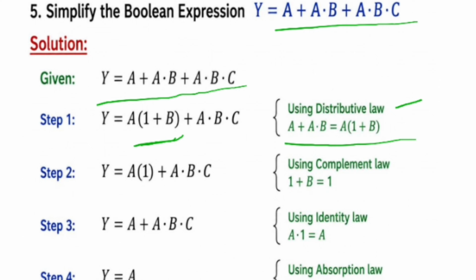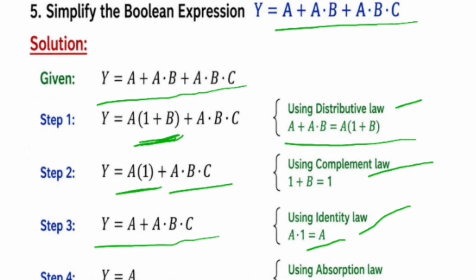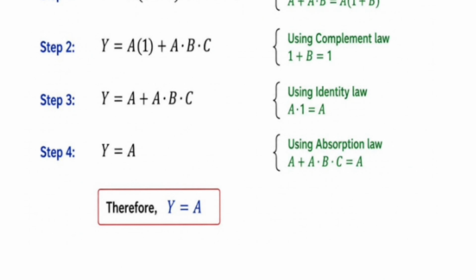Then in the next step, we can use the complement law. Complement law is nothing but 1 plus B is equal to 1. So we have written 1 here, and the rest as it is. Next, the identity law: A into 1 is equal to A. We have used the identity law here.